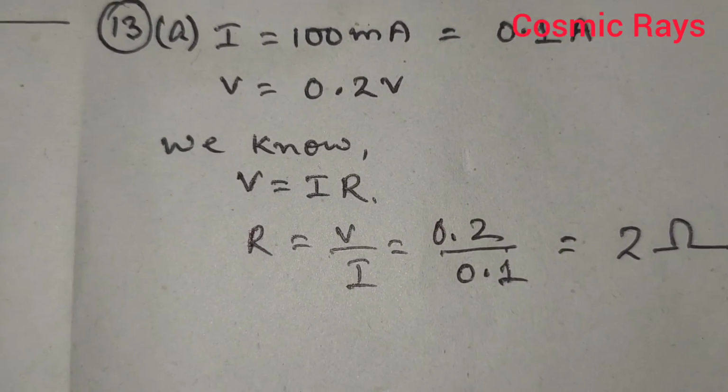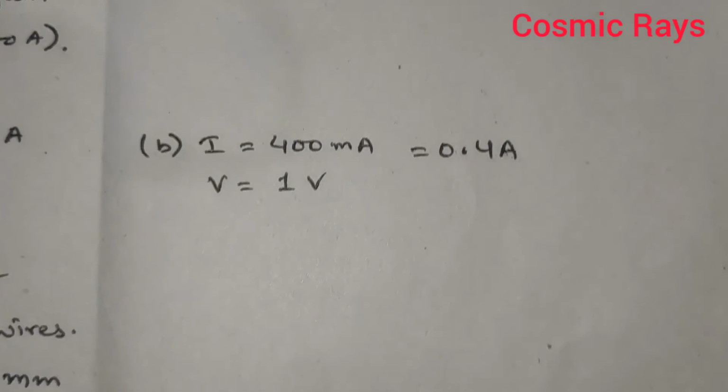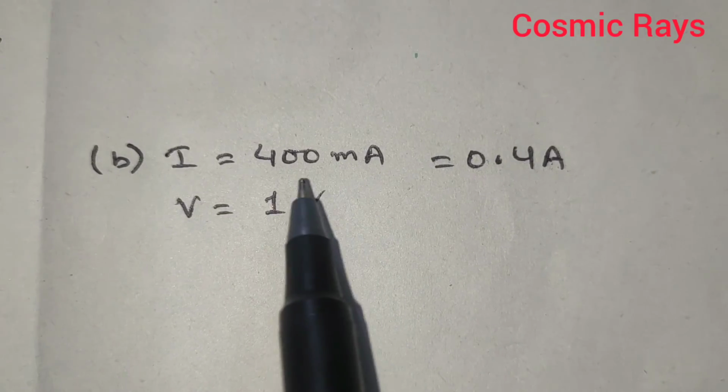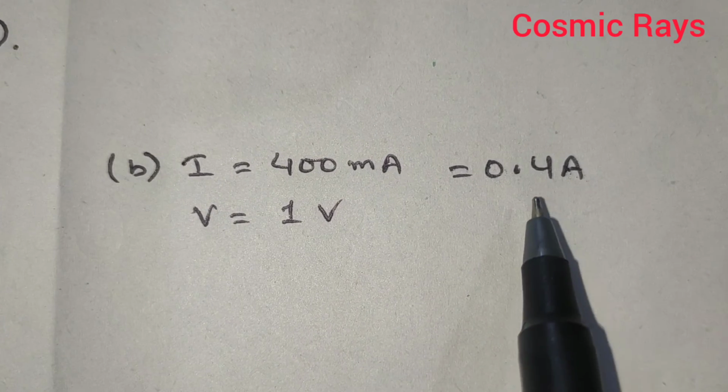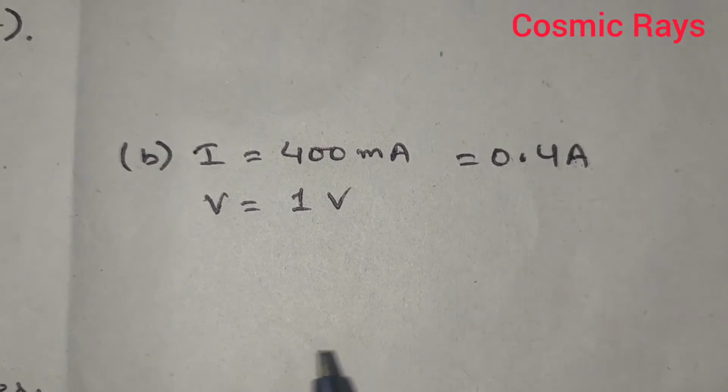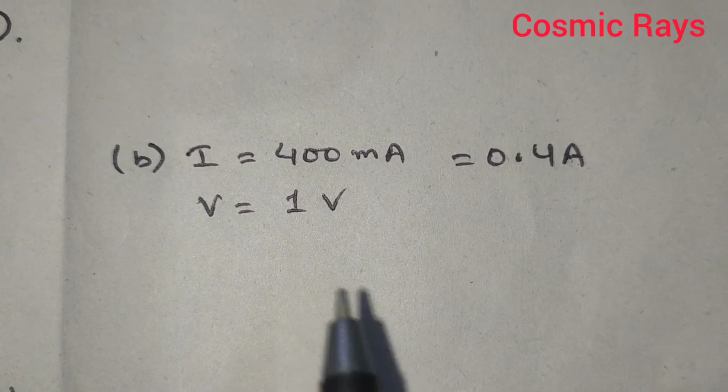Now, the second part of the question, it says the current goes to 400 milliampere, divided by 1000 to convert it into ampere, that is 0.4 ampere. Potential difference is 1 volt.